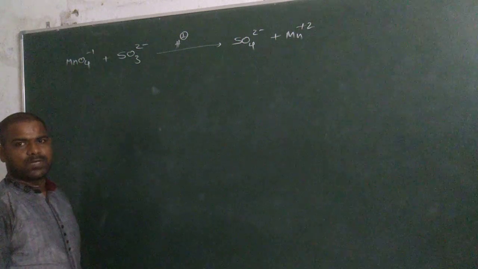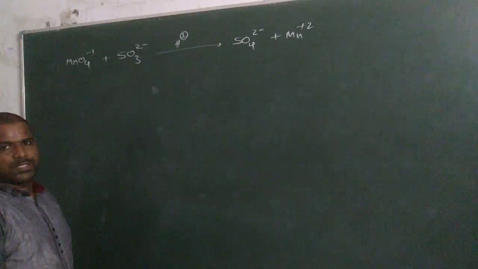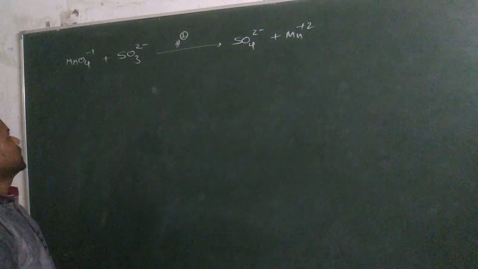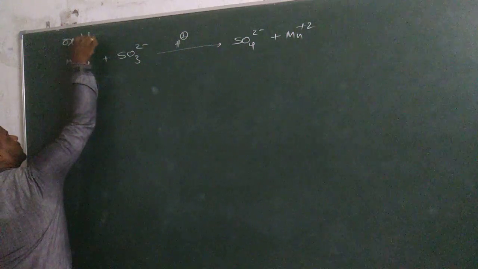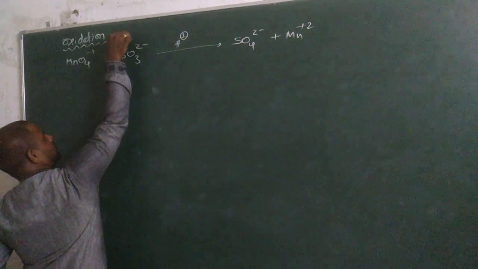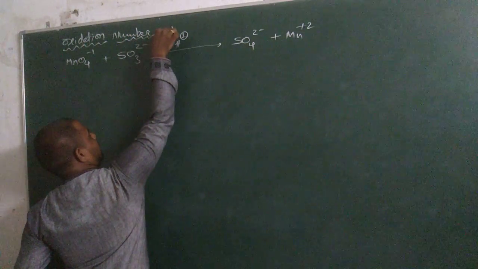By the way, one unbalanced equation is given to us, and in the oxidation number method we are going to balance this equation. The term itself says oxidation number method.